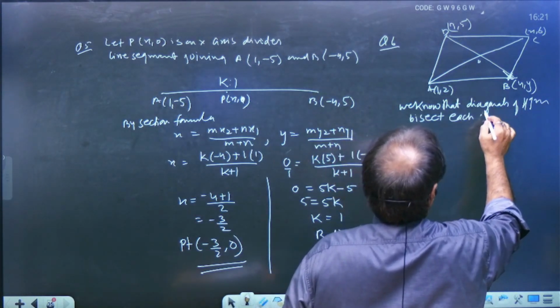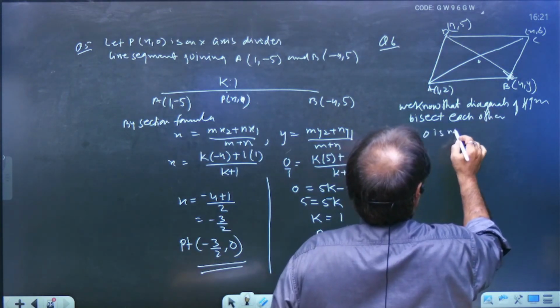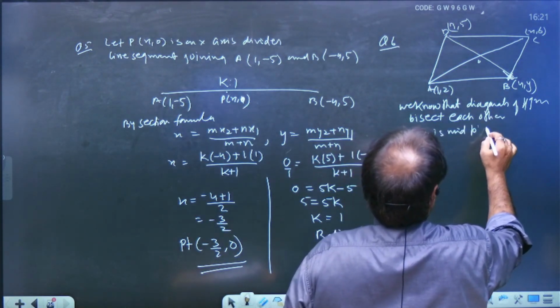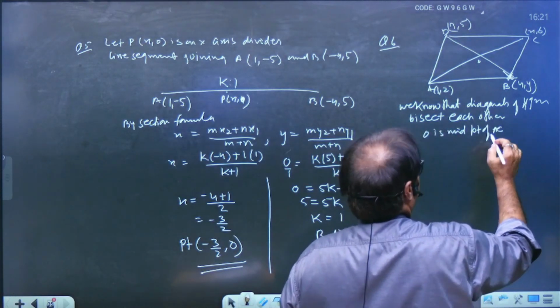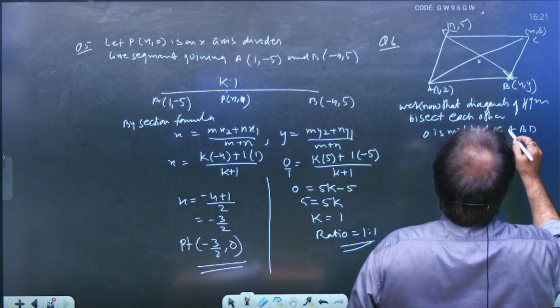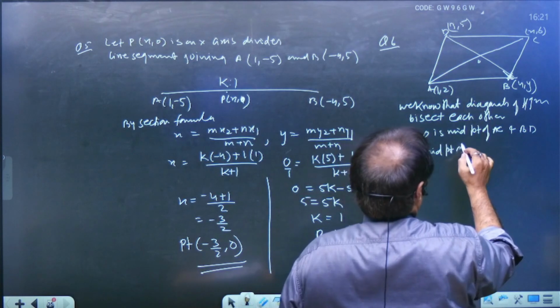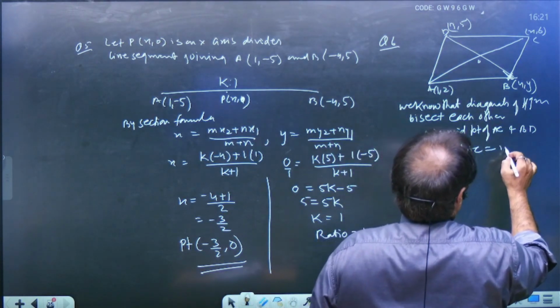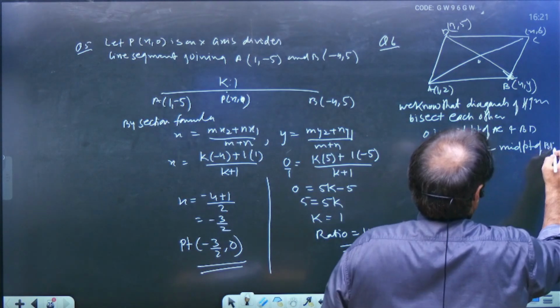So O is the midpoint of AC and BD, which means the midpoint of AC is equal to the midpoint of BD. Okay, got it?